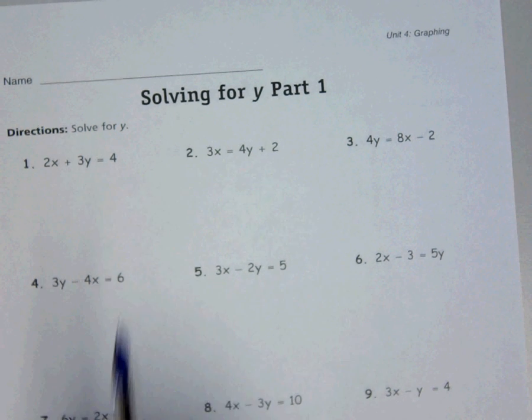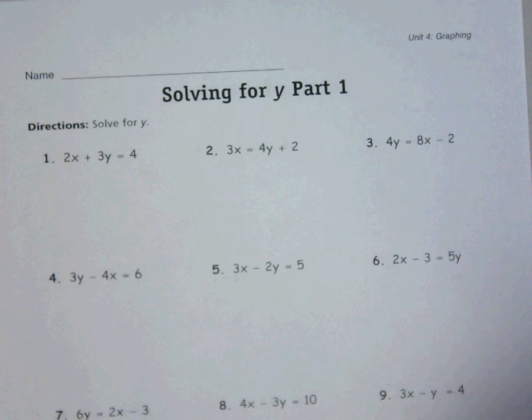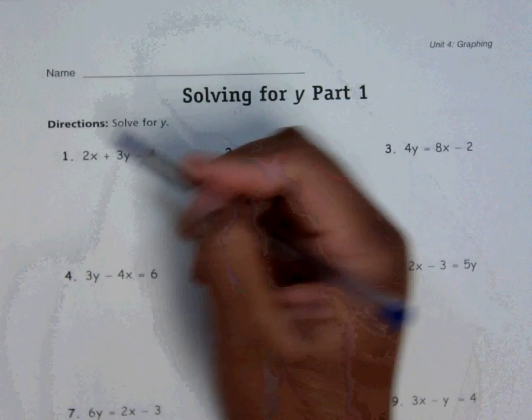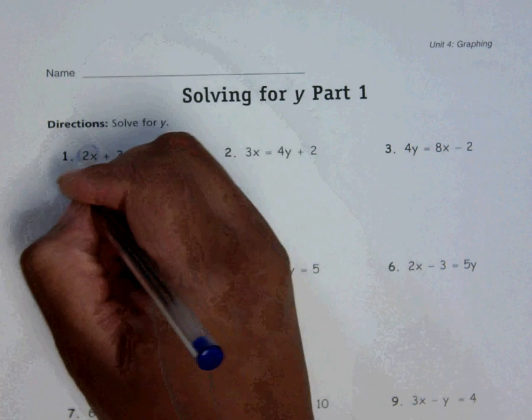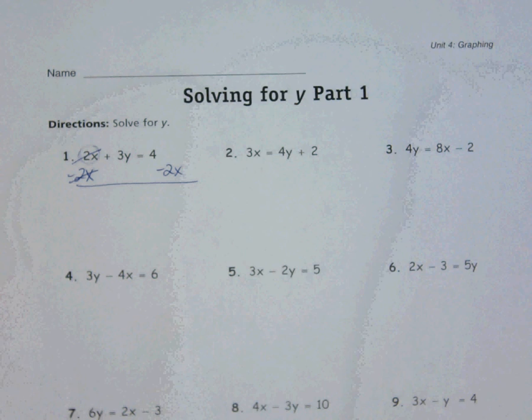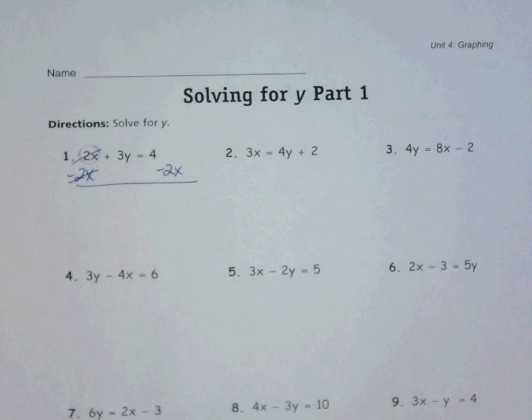Do I need to move the x term? Yes, because they are not on different sides. So how do I do that? Well, he is positive, so subtract him. That's the inverse operation.